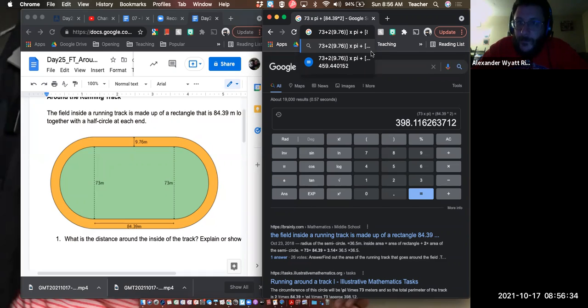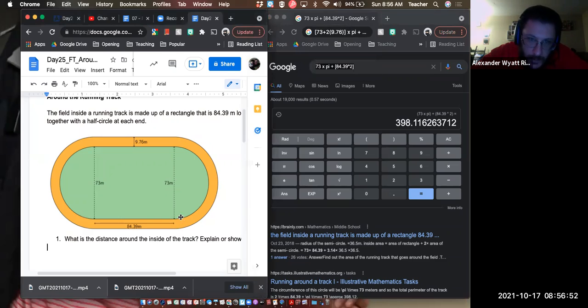So 73 plus 2 times 9.76, times pi. That gives you this circle coming around, that circle coming around, half circle, and then 84.39 twice. And it gives you the answer.